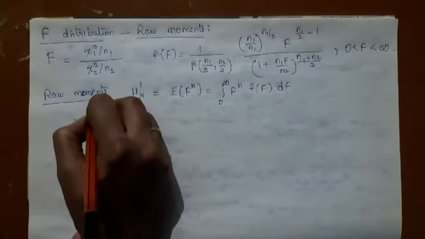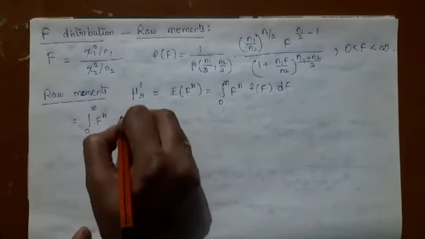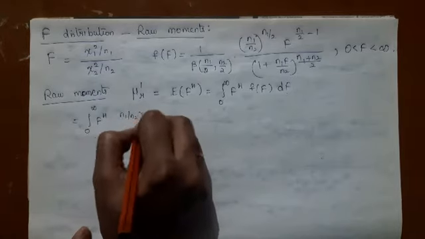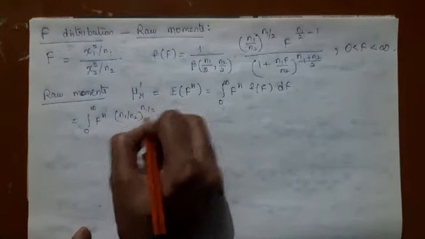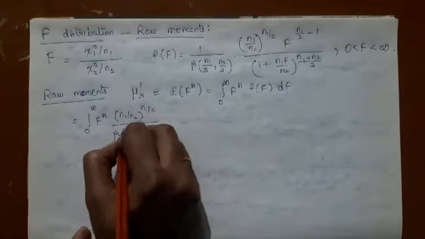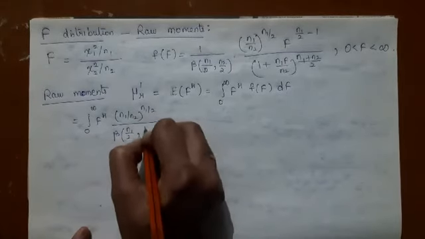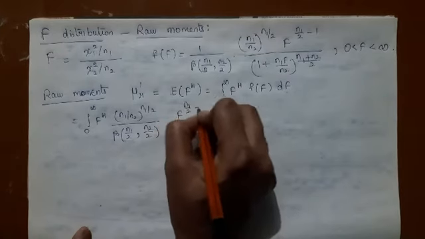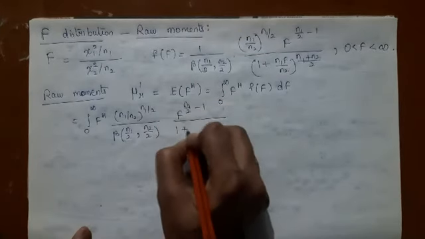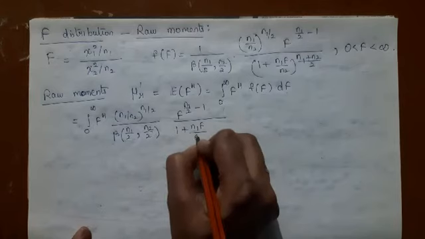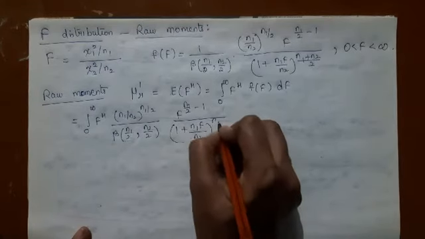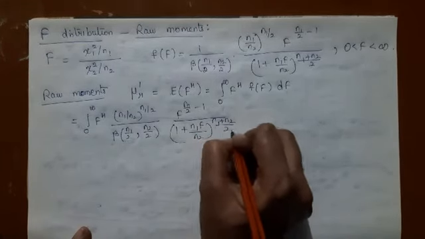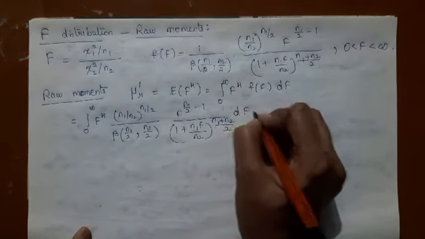That is the integral from 0 to infinity of f^r (n1/n2)^(n1/2) divided by beta of (n1/2, n2/2) times f^(n1/2 - 1) divided by (1 + n1 f/n2)^((n1+n2)/2) df, right?